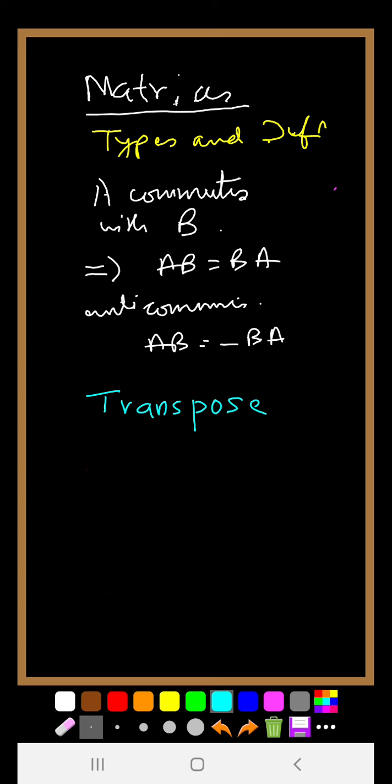A transpose is when you interchange the rows and the columns.